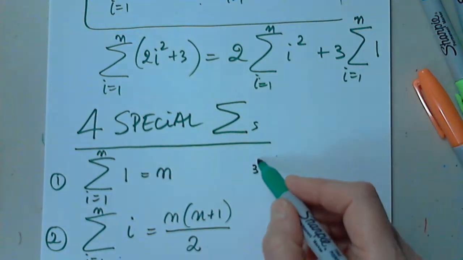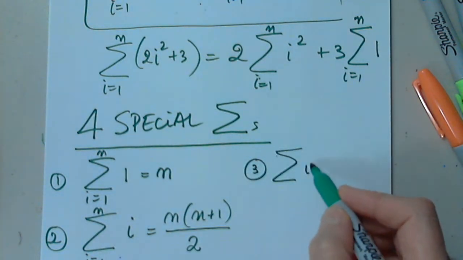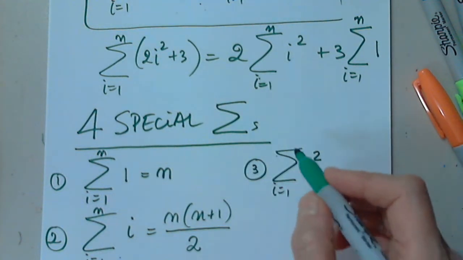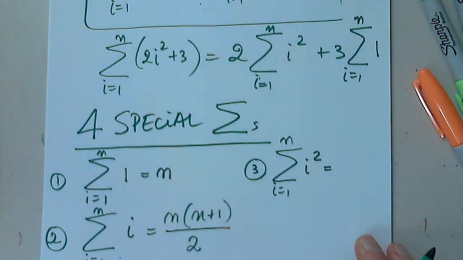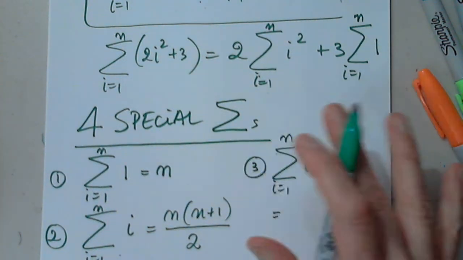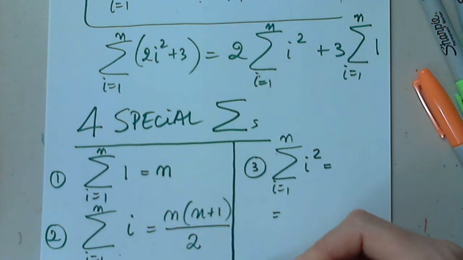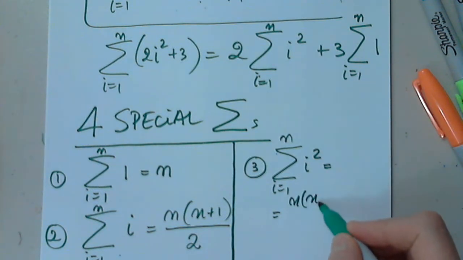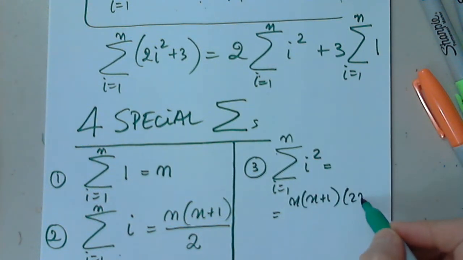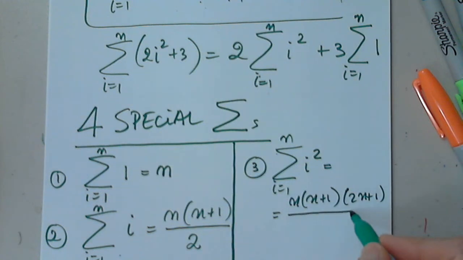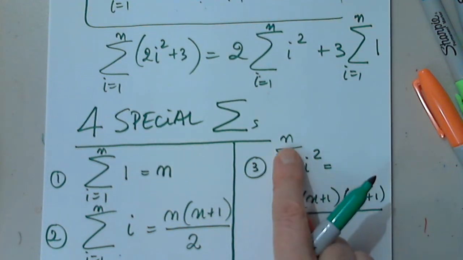Here's number 3. The sum of i squared from i equals 1 through n. This is the most difficult to remember: n times n plus 1 times 2n plus 1, divided by 6. That's n plus 1, this n, of course.